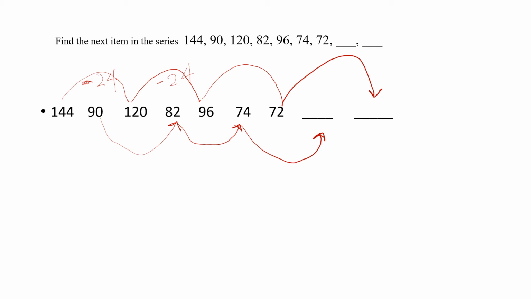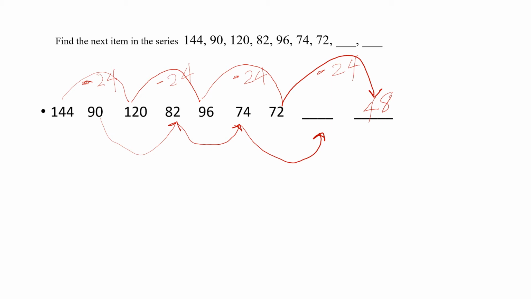From 96 to go down to 72, that also means we subtract 24 from 96. And then from 72, we need to subtract 24. So 72 minus 24 will give us 48.